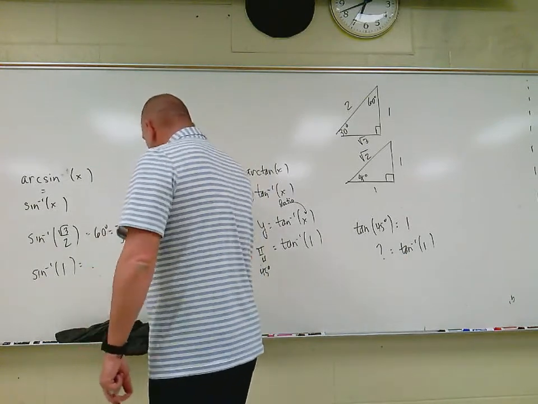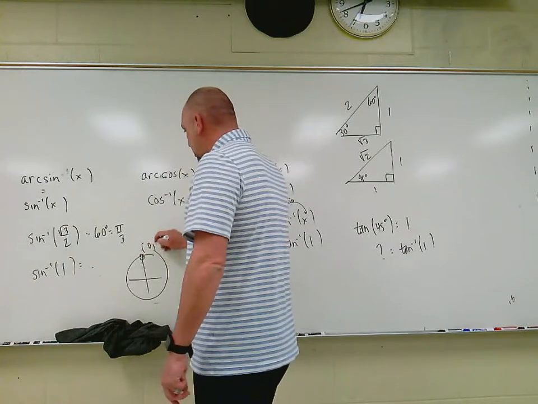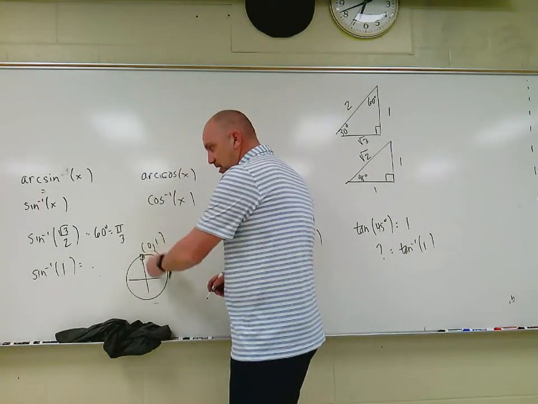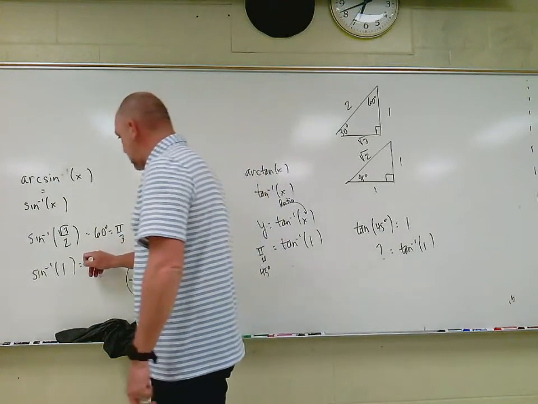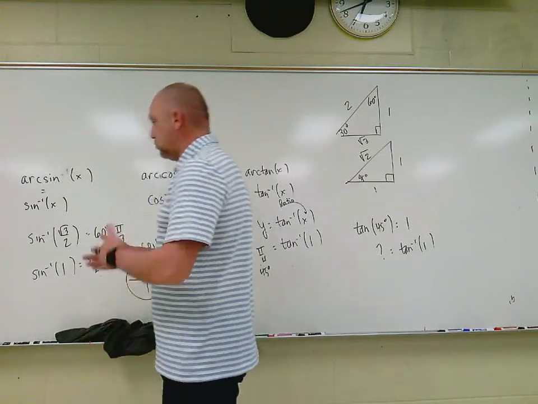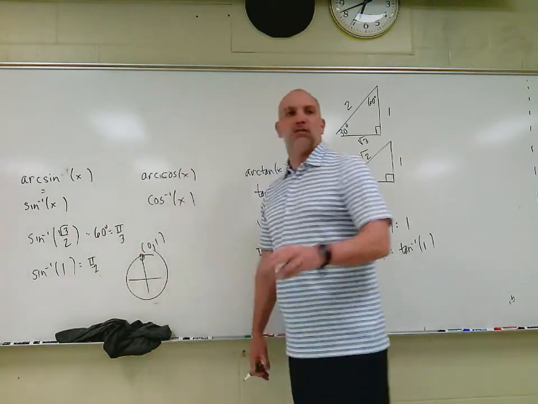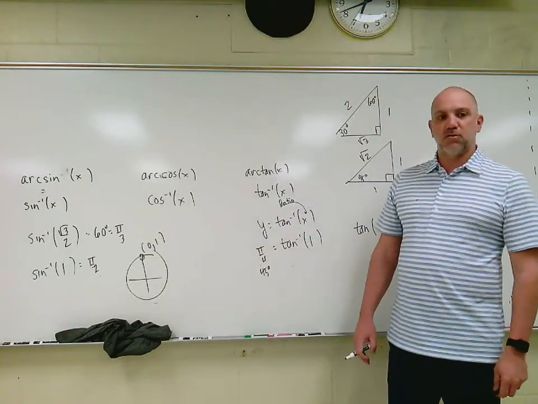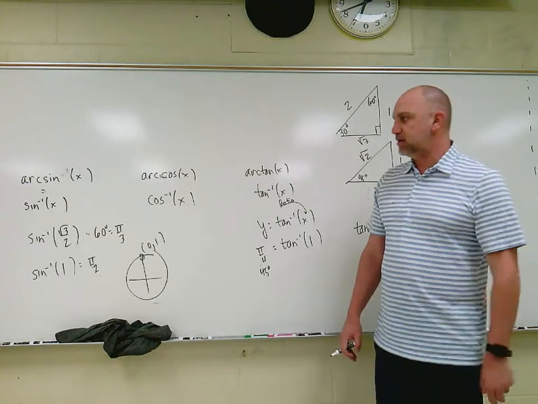On the unit circle, the y coordinate is 1. That's at a 90-degree angle, so that would be 90 or pi over 2. So we'll have to look and see, just in case we get some with limits. I'll talk about that in just a second.